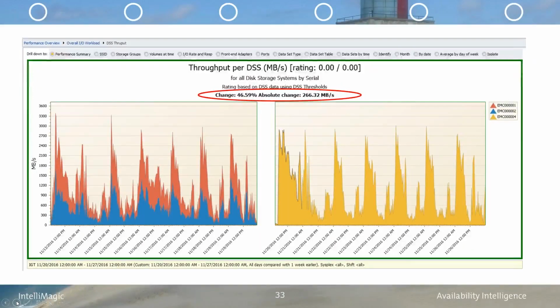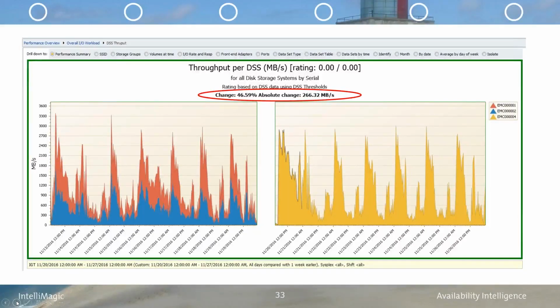Okay, so the customer is really interested in seeing, did this really improve my performance? How much did it improve things? They want to quantify the benefits of this new storage hardware. So it's easy to do a comparison and look at throughput. Here we're looking at the overall throughput in megabytes per second of the old storage infrastructure compared to the new. And that's a nice feature of IntelliMagic Vision, that we have this very powerful compare feature.